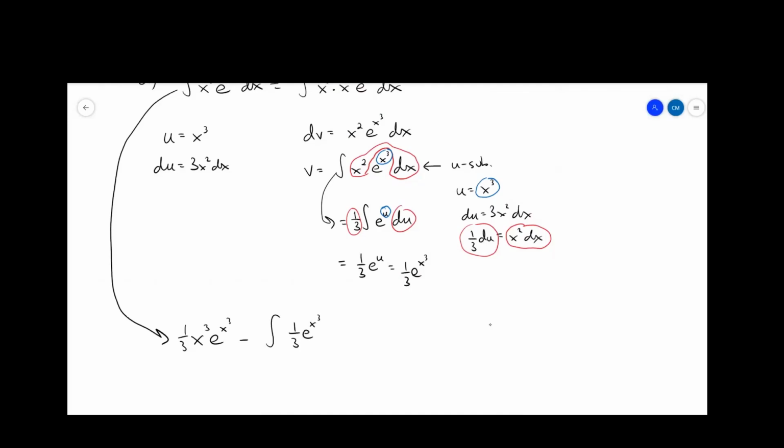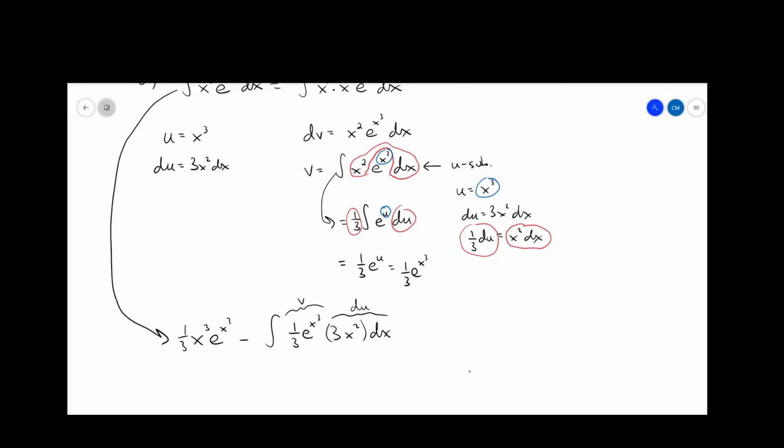Du was 3x squared dx. So this is the v, and this is the du.